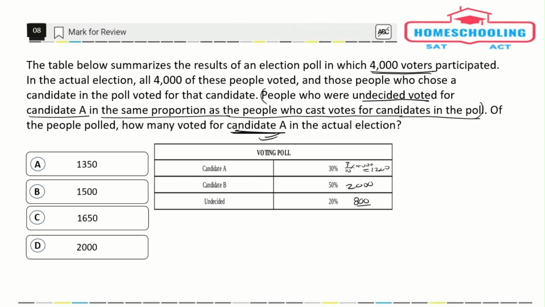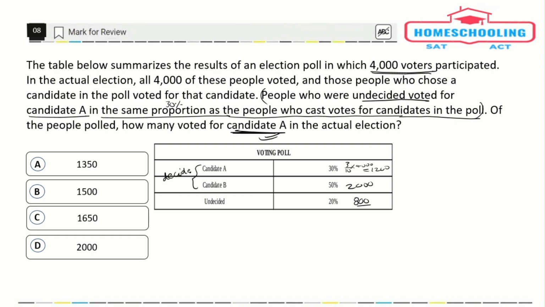So in the question, it is said that people who were undecided voted for candidate A. So these undecided voters voted for candidate A in the same proportion. So candidate A has received 30%. So this is undecided, and these are decided voters.